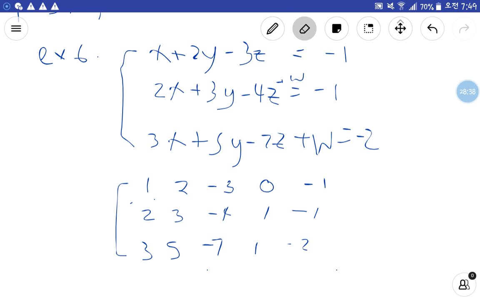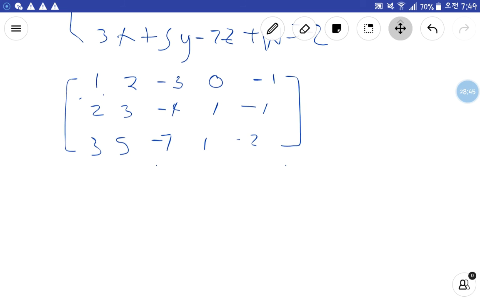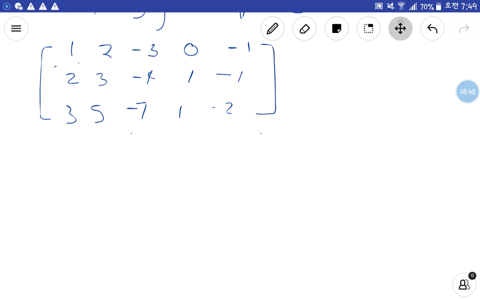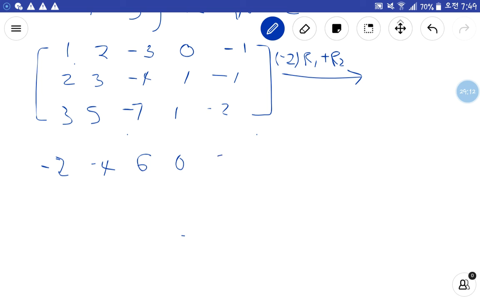So now we apply the operations so that we can make the reduced row echelon form. First, I want to cancel out my 2. So I'm going to do negative 2 R1 plus R2. If you multiply by negative 2: negative 2, negative 4, positive 6, 0, positive 2.